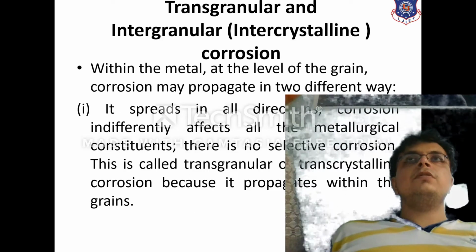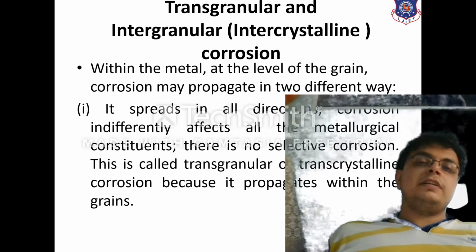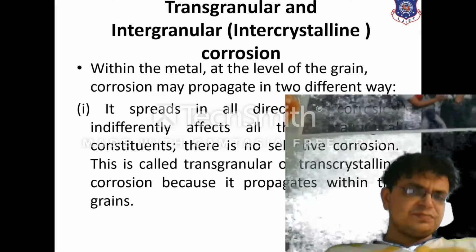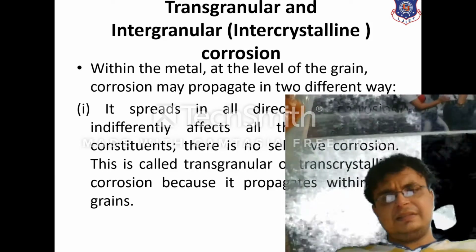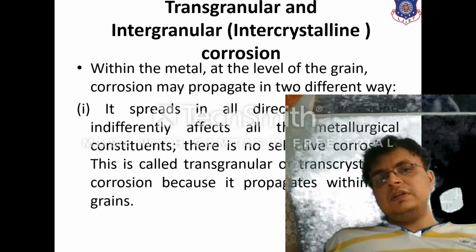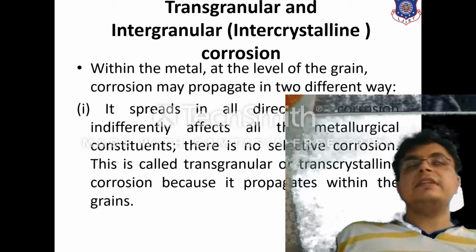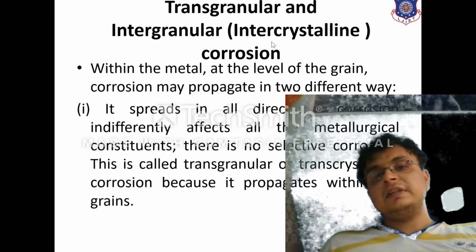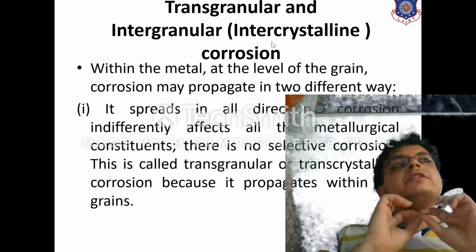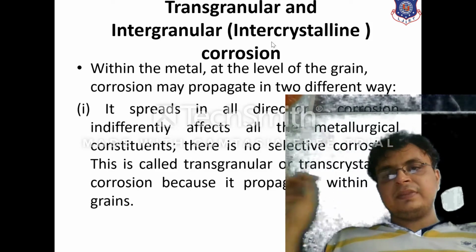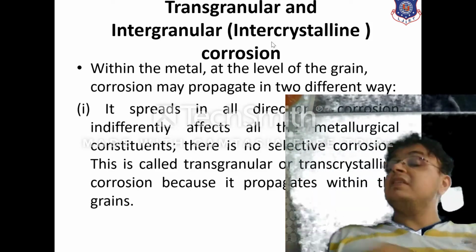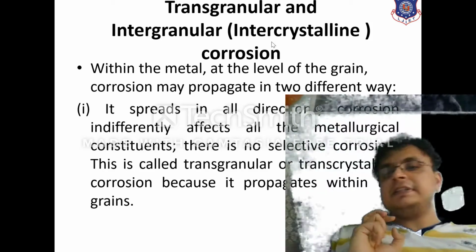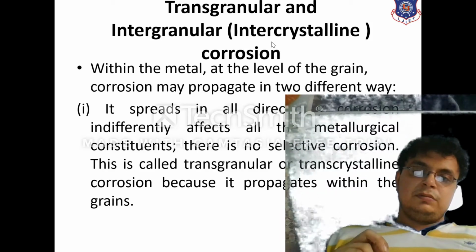Next is transgranular and intragranular intercrystalline corrosion. These are different types of corrosion where the corrosion propagates in different ways. Here the corrosion spreads in all directions, and it indirectly affects the metallurgical properties of the constituent.